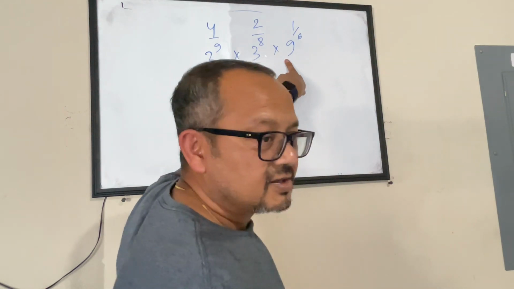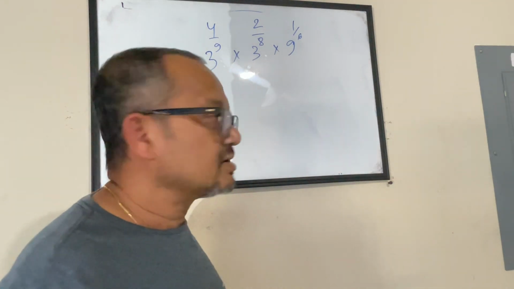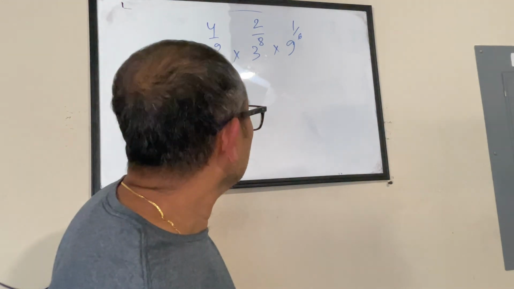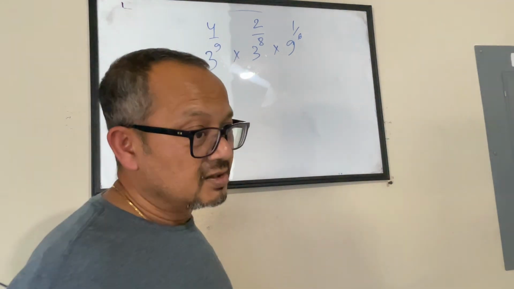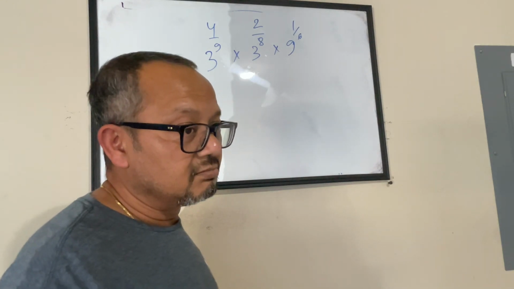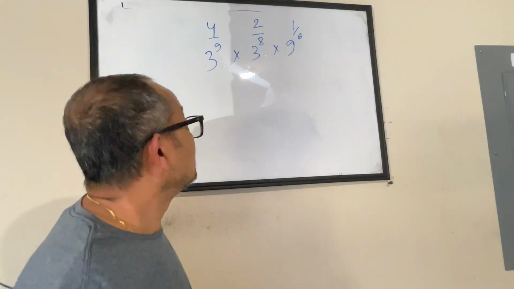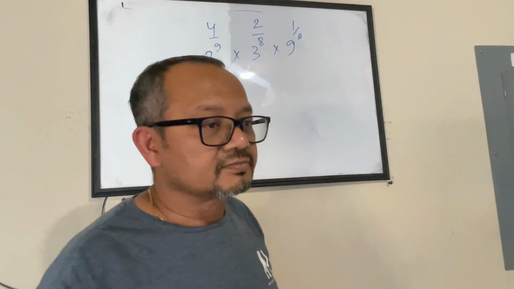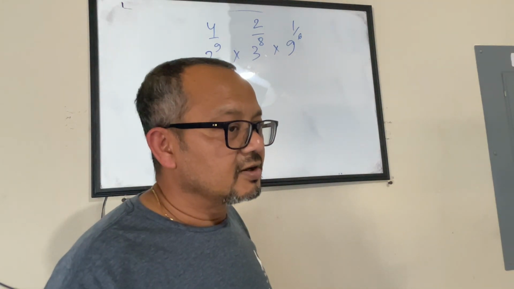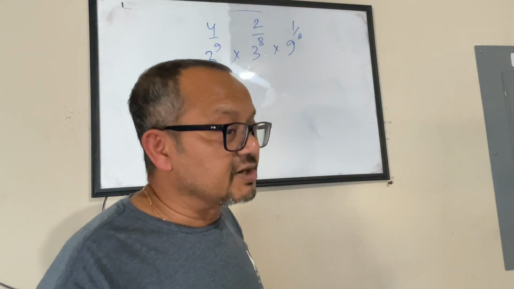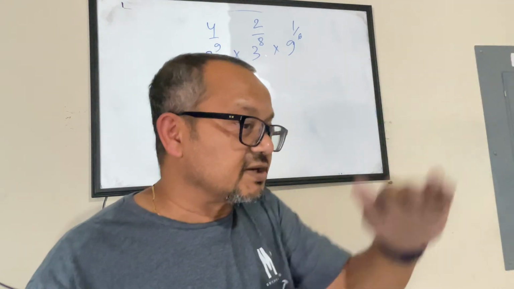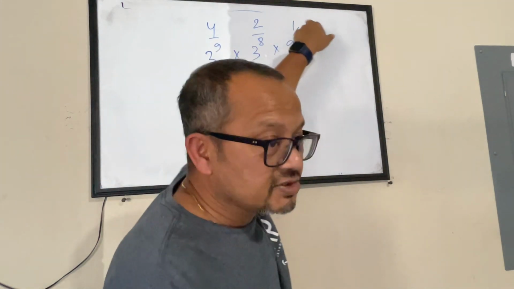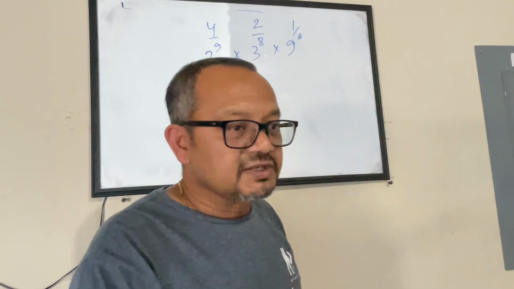What I did was that I added the fractions, since multiplication is equal to addition. And then I reduced 9 to the 1 by 6 to 3. It's 1 by 6. I think you're going the right direction, but can you solve it one more time? It's 3 to the 4 over 9, 3 to the 2 over 8, and 9 to the 1 over 6. Just check it once.